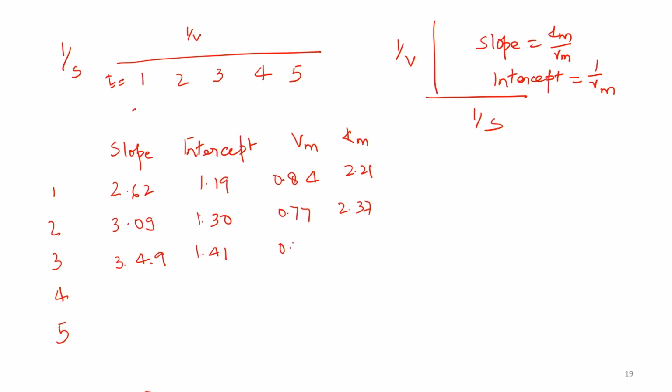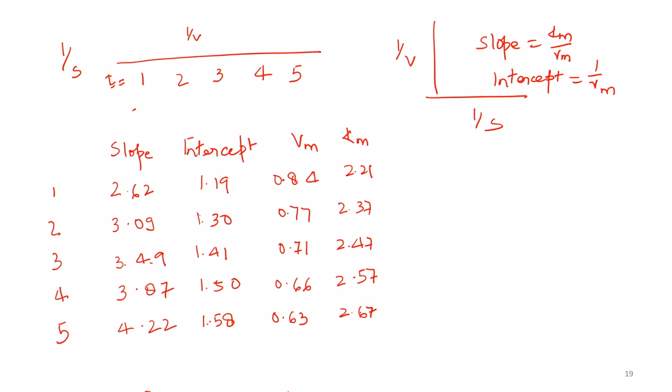So, Vm has decreased further to 0.71 and Km is 2.47. In the fourth case, slope is 3.87, intercept 1.50, Vm is decreased to 0.66 and Km is 2.57. In the last case, I equals 5, slope is 4.22, intercept 1.58. So, Vm is further decreased to 0.63 and Km is 2.67.